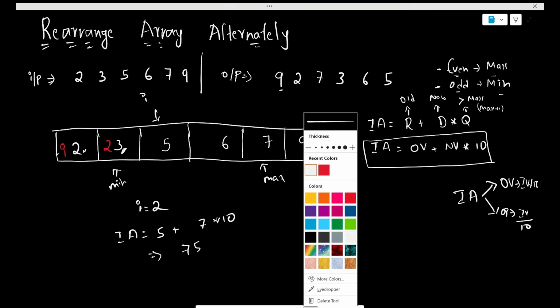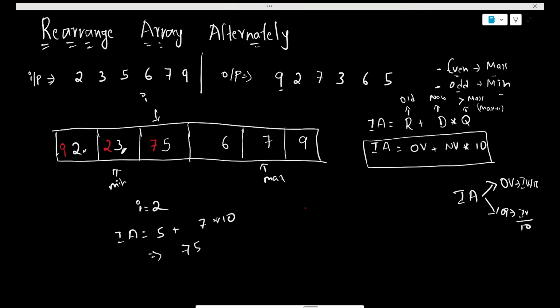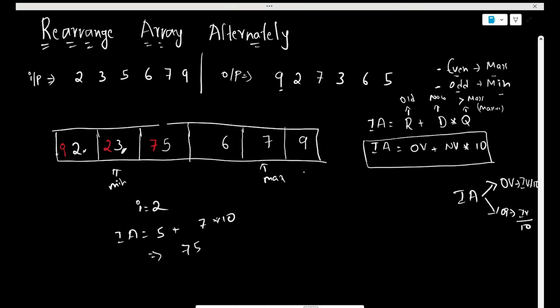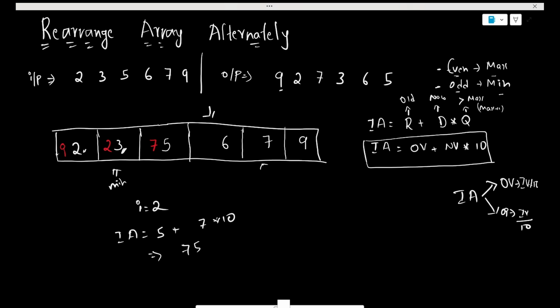Update the array, 75, and I is incremented. We have used max, so max is also decremented. So here now I is equal to 3.